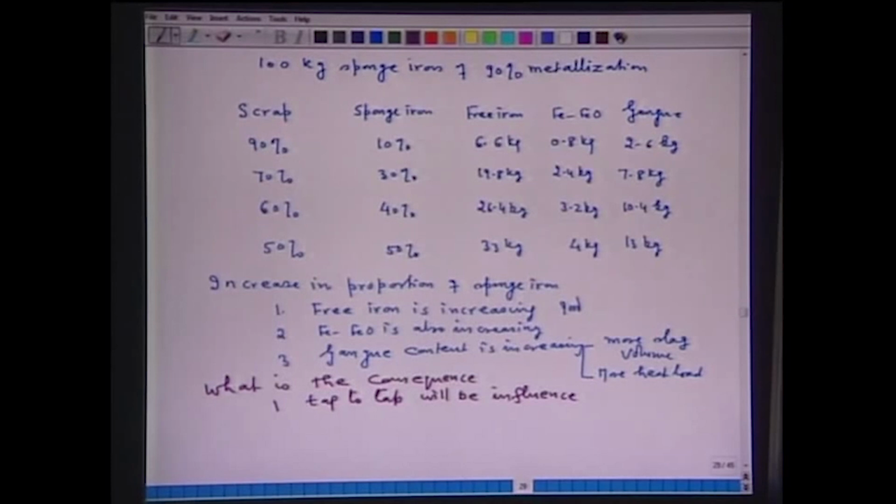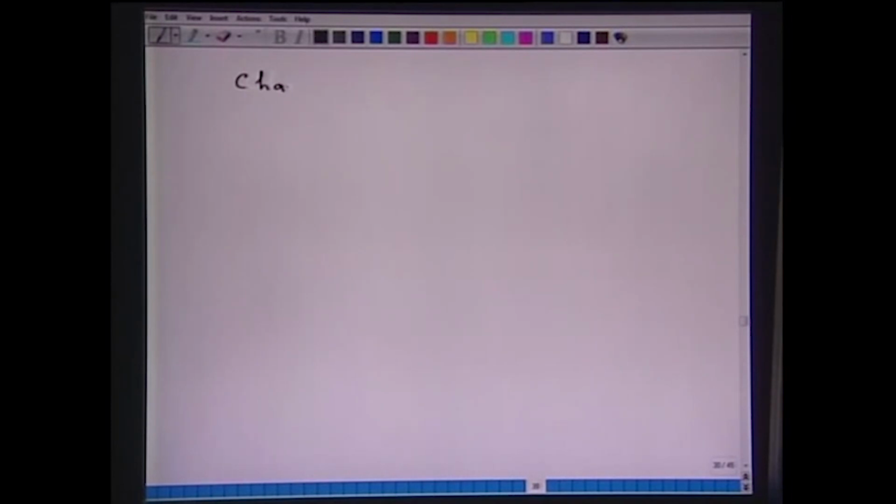Now, the next thing is the charging methods. So, let us see now the charging methods. Say one can have batch charging, that means the DRI is charged in batches.